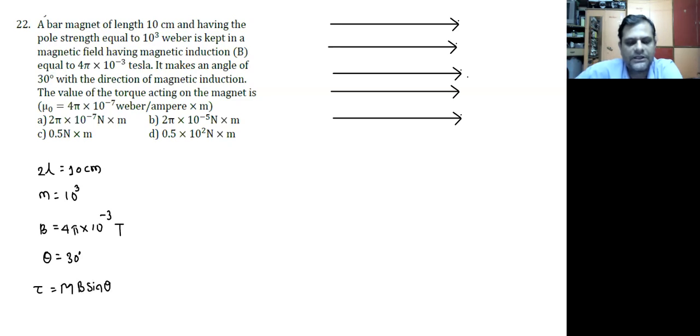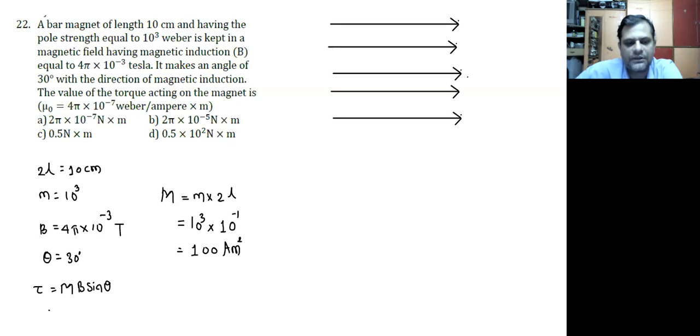But here theta is given to be 30 degree and m is not given, so m can be found out separately. तो m कितना बनेगा, m into 2l के बराबर, तो यहाँ पे m और 2l को अगर multiply कर देंगे तो m is going to be 10 raised to 3 and 2l is going to be 10 centimeter, so it will be 10 into 10 raised to minus 2 मीटर, मतलब 10 raised to minus 1 मीटर हो गया वो, जिसको हम simply 100 ampere meter squared लिख सकते हैं.